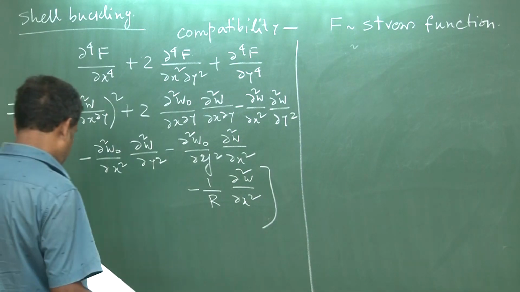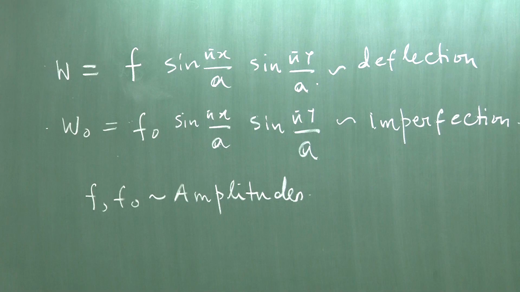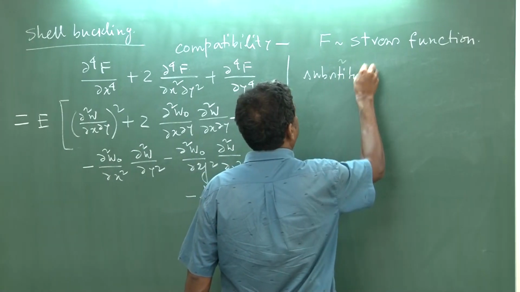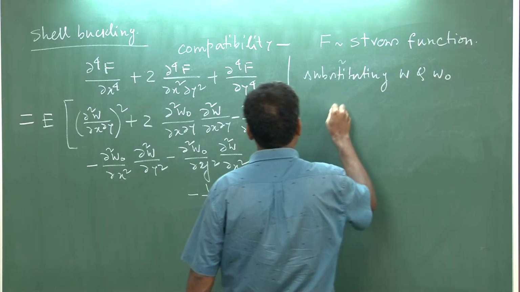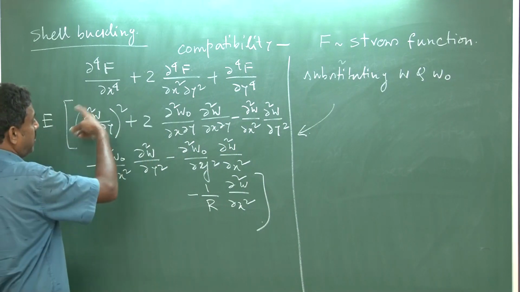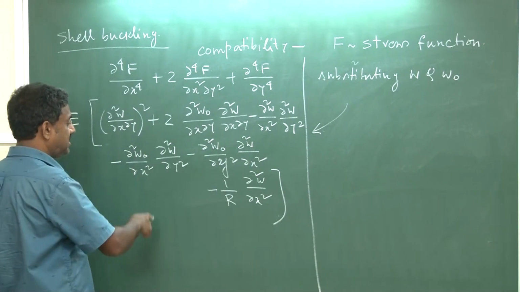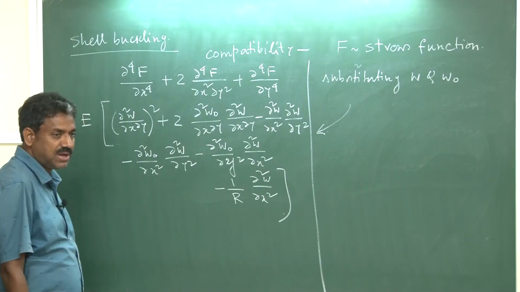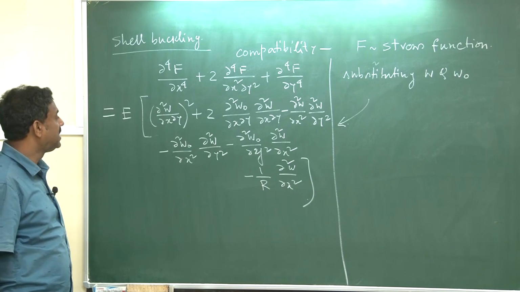Okay. So, what we will do, we just take W and W0 and substitute them in this equation. If we substitute, you can clearly see that the right hand side will be known, and it will be expressed in terms of a series of sine and cosine functions.